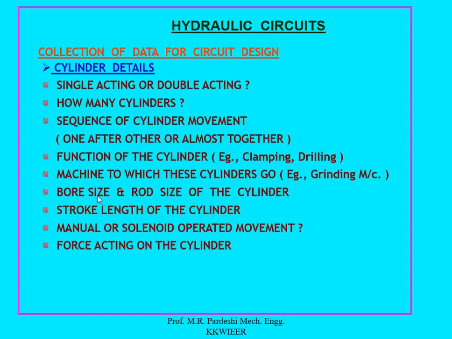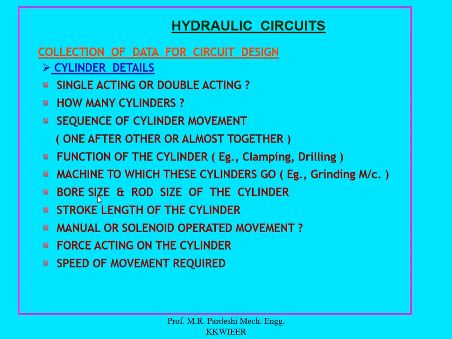Then what type of force is acting on the cylinder, again a very important criterion. How much is the force acting on the cylinder? That has to be calculated by means of the dimension of that particular cylinder. Pressure we know, or pressure we calculate, and based on that we can easily calculate how much force can be lifted by that particular cylinder. Then the speed of movement required.